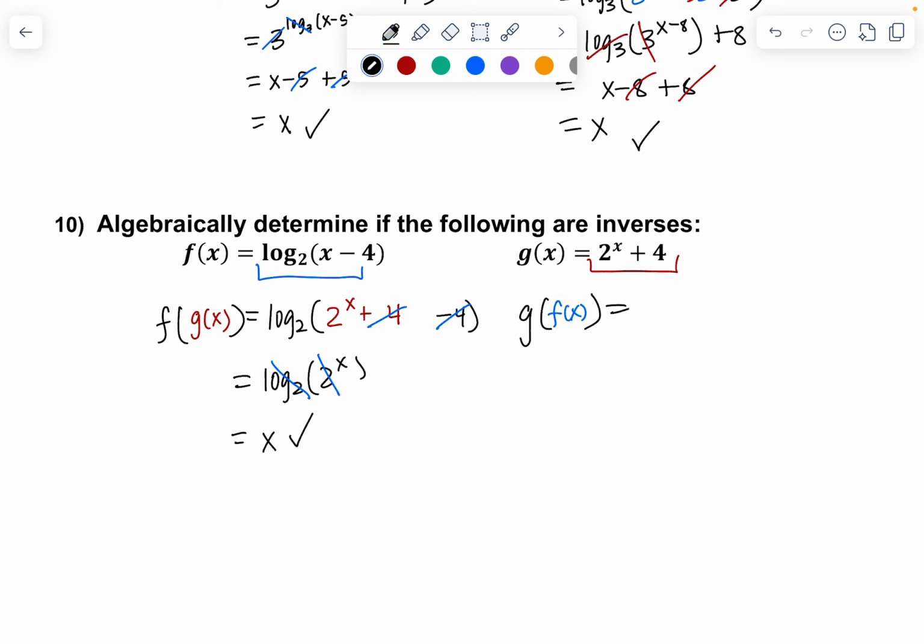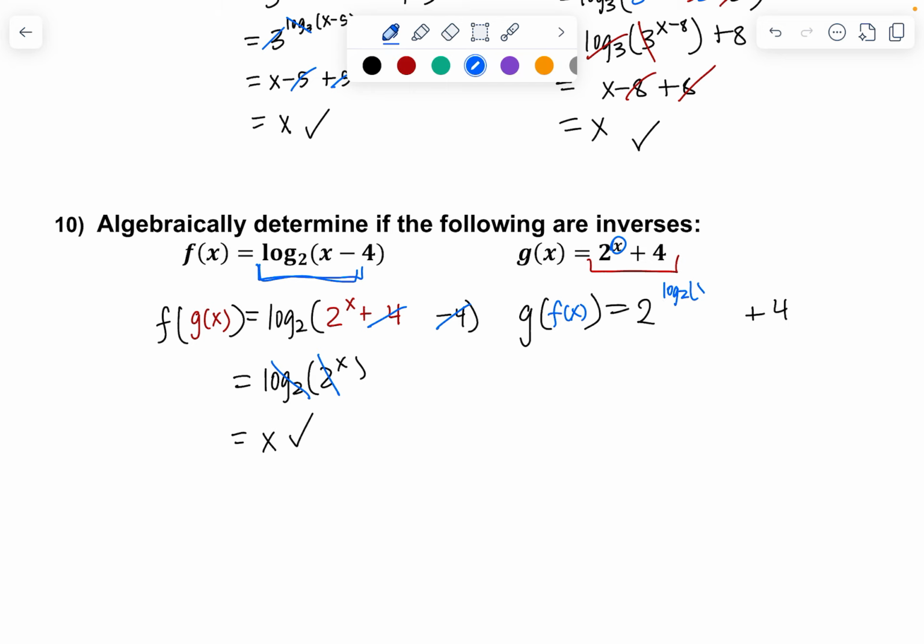And so g of x is 2 to the x with a minus 4 outside. And so where x used to be, we're putting in f of x, which is this log function, log base 2 of x.